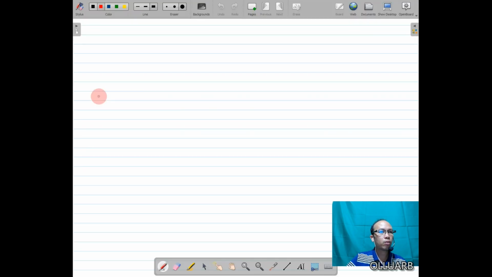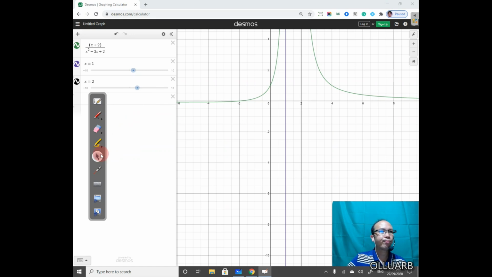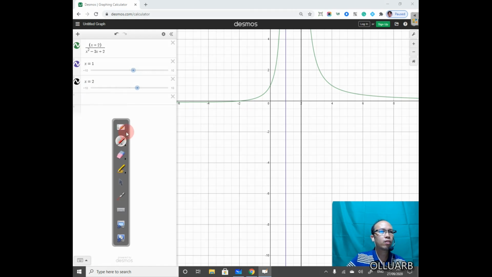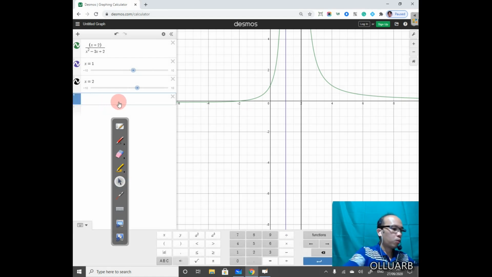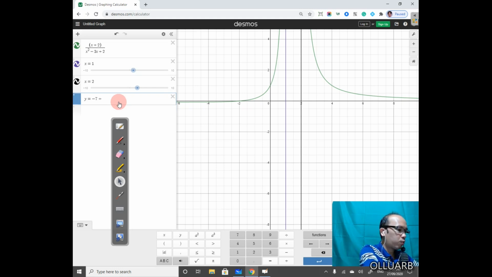Let's try to move this one. Y is equal to -7 plus 4 square root of 3.